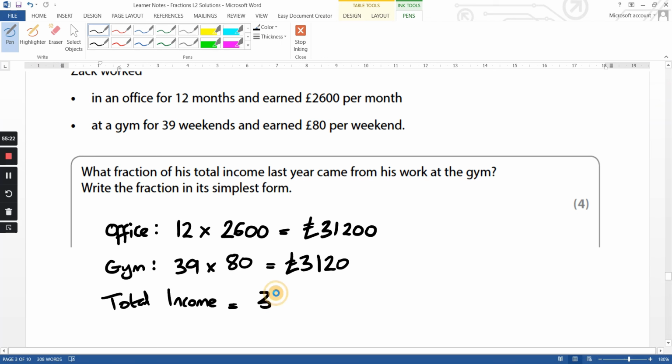Let's do that plus that, which is, let's do that in the calculator again, plus that. Okay, I get 34,320.